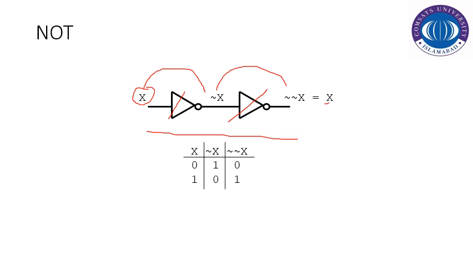But if these NOT gates are cascaded in such a way that the number of NOT gates is odd, for example, let me draw another NOT gate in front of this gate.